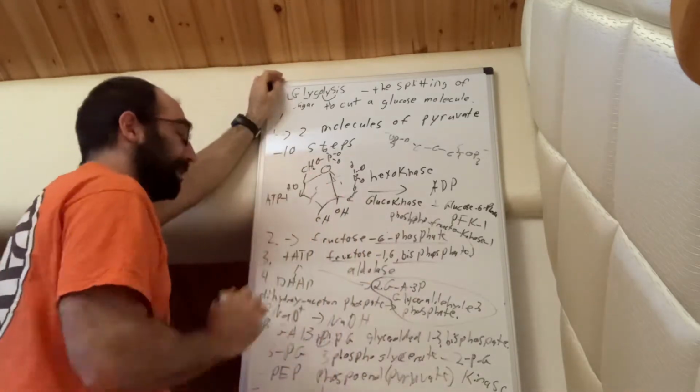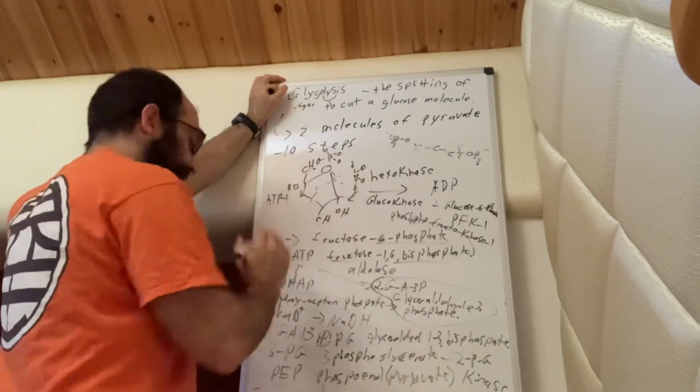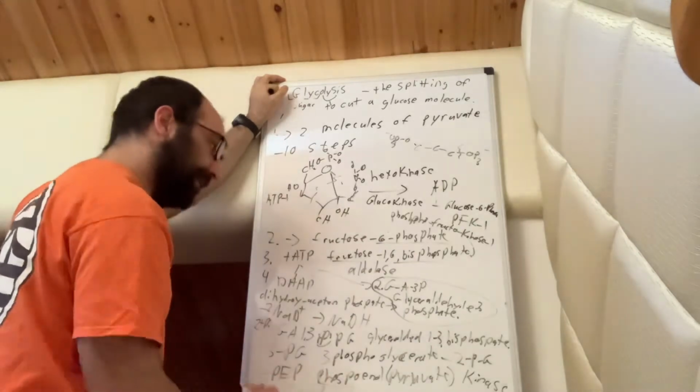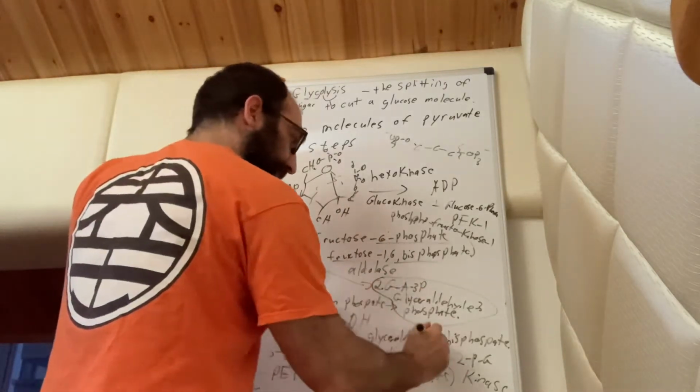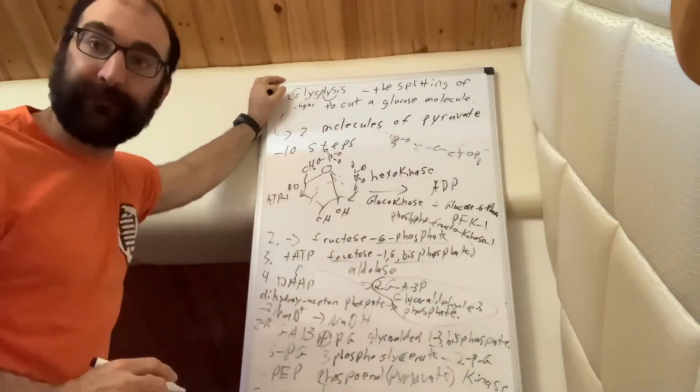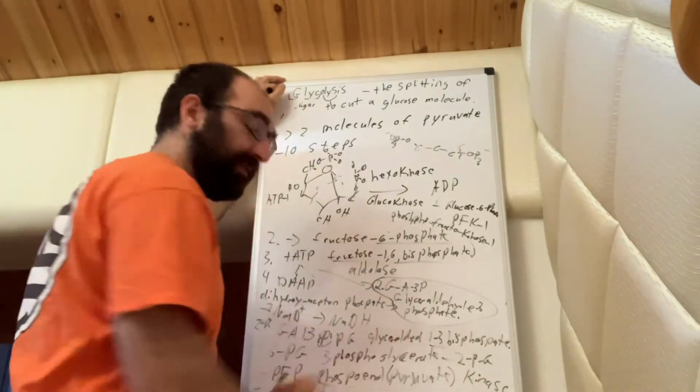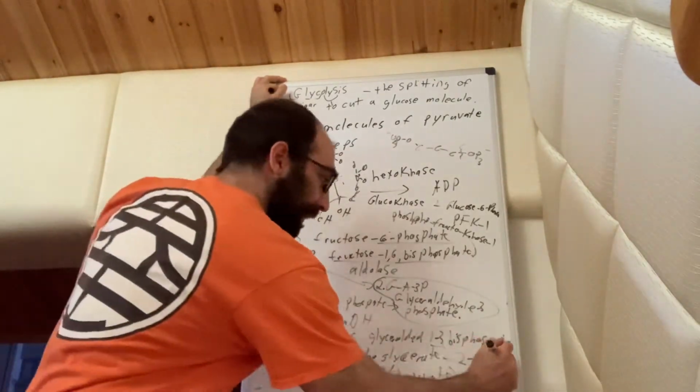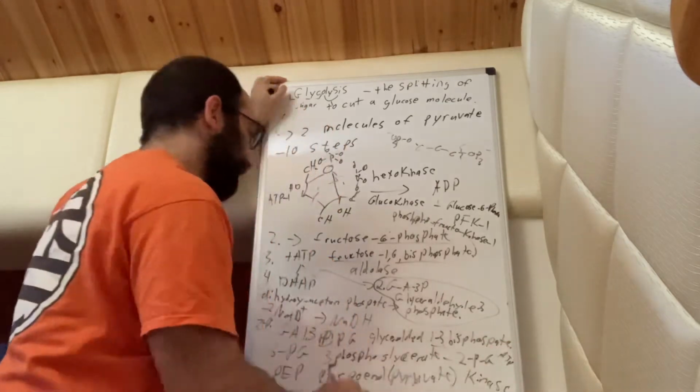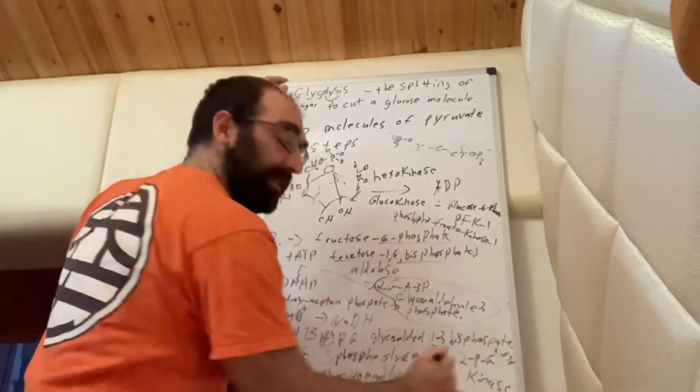Alright, and notice this had a phospho. This had 2 phospho groups. This glyceraldehyde had 1,3-bisphosphate. So what happens is when you lose this first phosphate group, you produce ATP. And because there's 2 of them, you actually produce 2 ATP.